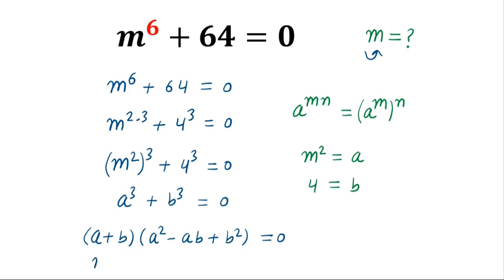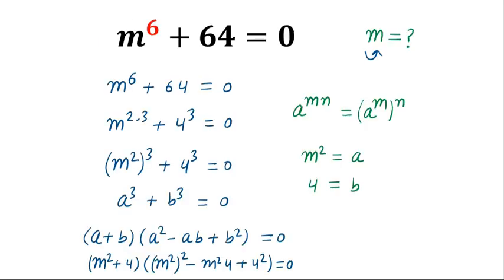Then the left hand side is m square plus 4 multiplied by a is replaced by m square bracket power 2, minus this a is replaced by m square and b is replaced by 4, plus this b is replaced by 4 square, is equal to 0.